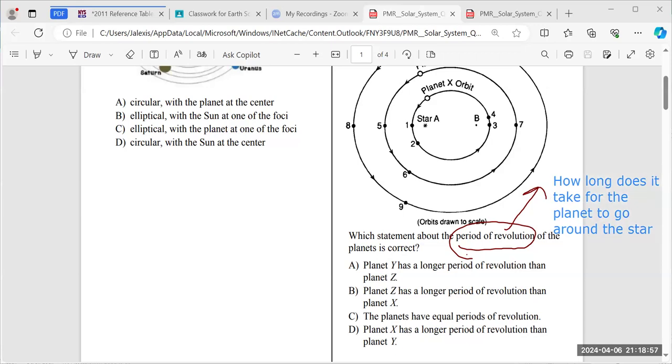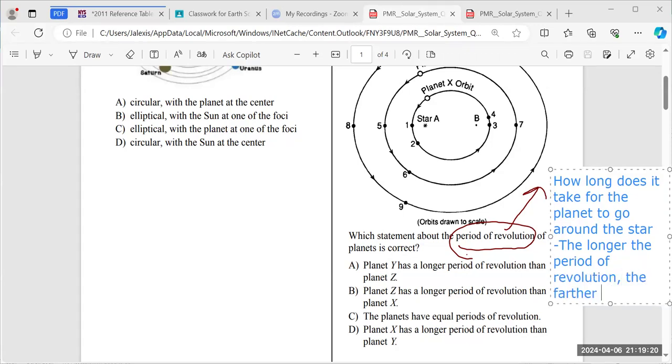The rule for the period of revolution states as follows, and I'm going to type this as well: the longer the period of revolution, the farther the distance the planet is from the star.